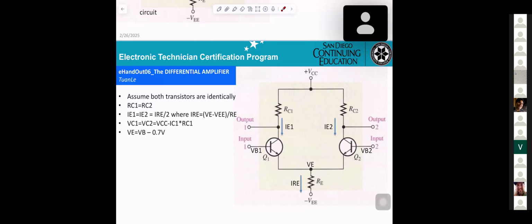This 0.7 is for the diode drop at the base, so that's why VE equals VB minus 0.7.